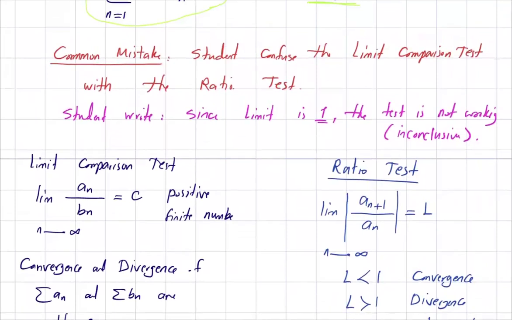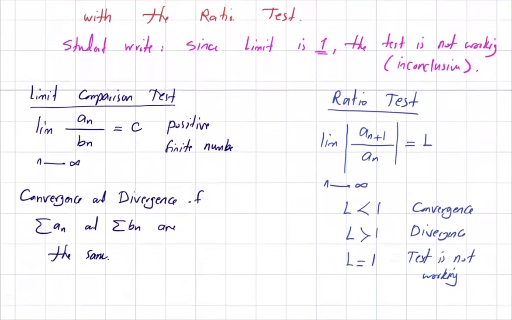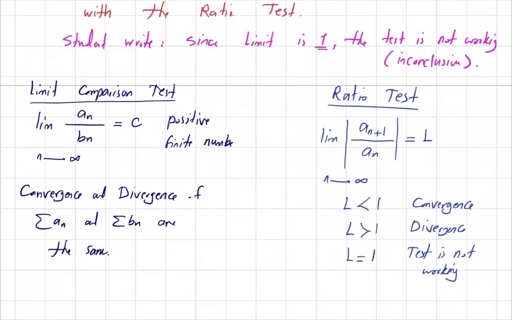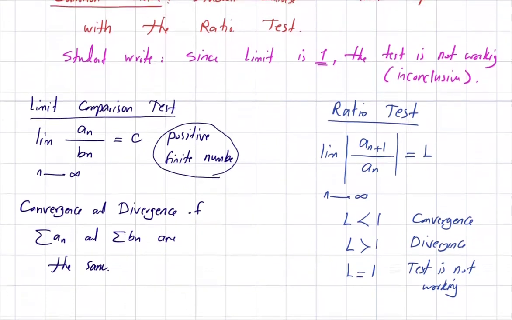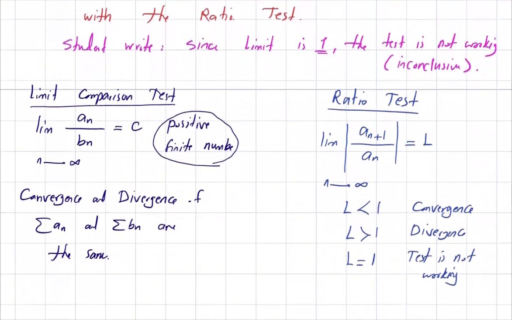Limit comparison test, you have two series and two general terms to work with. And if the limit of the quotient of those two general terms is equal to a positive finite number, then the convergence and divergence are the same. For the ratio test, however, you have the same general term in the form of n plus 1 and n.